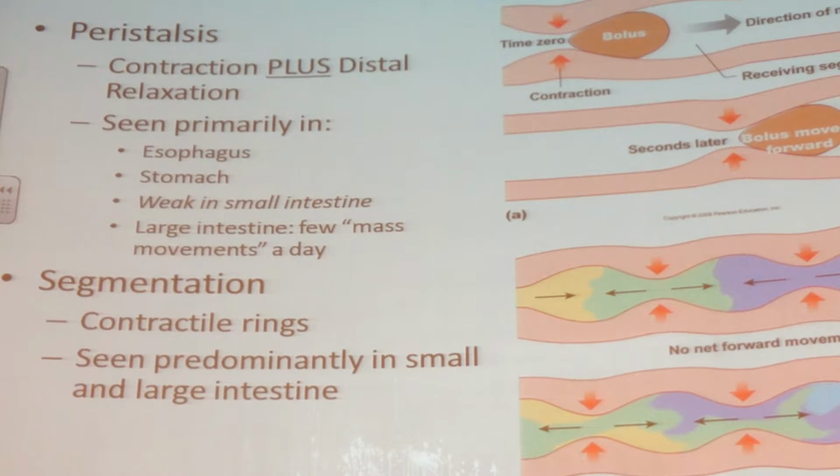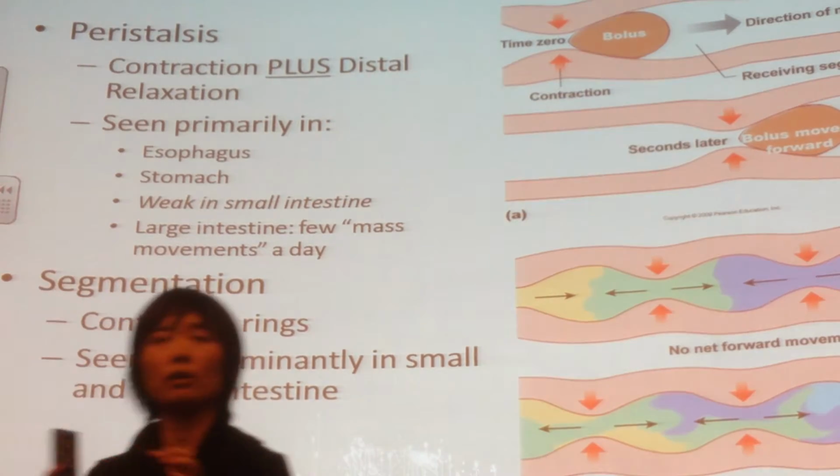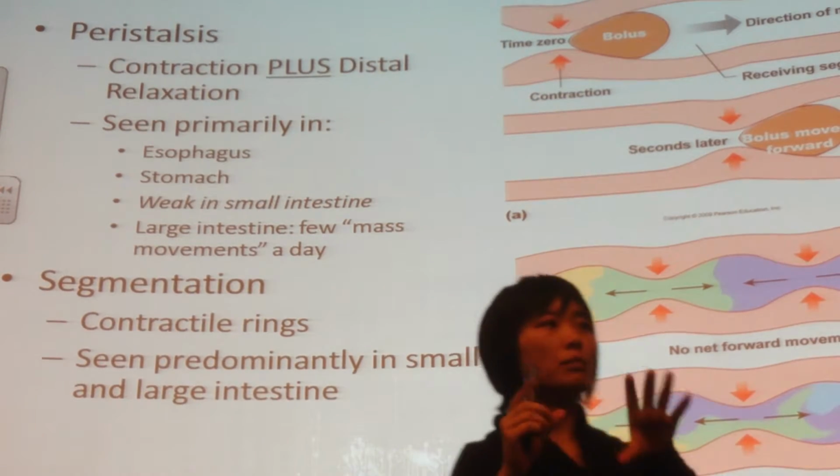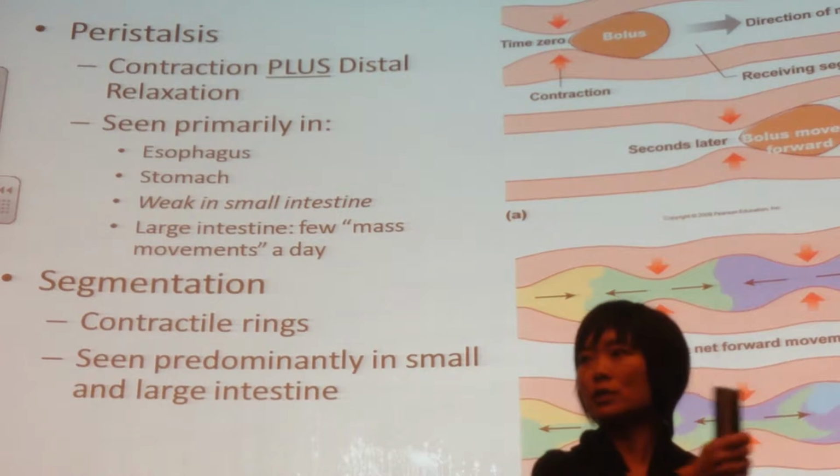You don't want to generate a very quick wave to push the food around, so that you have no time to digest and absorb the food, right? So instead it's very weak, actually very minimal. What you see mostly is segmentation, but the segmentation has a frequency gradient.